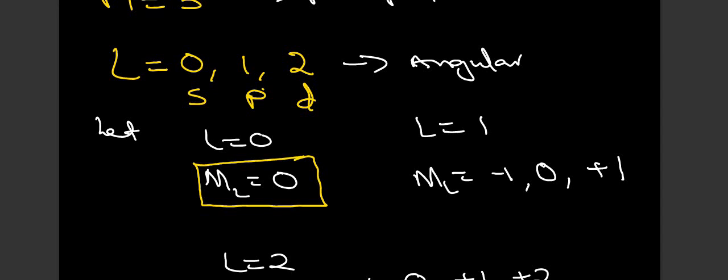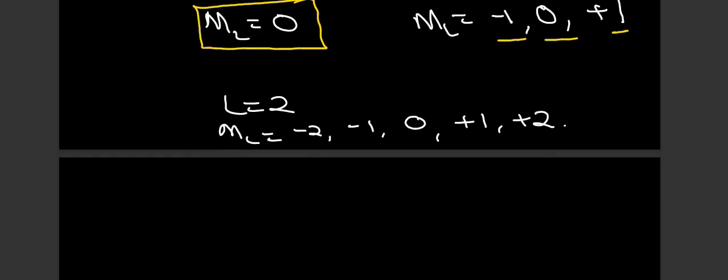L equal to 0 tells us we have s orbitals. How many are they? There's only one. L equal to 1 tells us we have p orbitals. How many are they? 1, 2, 3. So we have 3 p orbitals. The same applies here. When L is equal to 2, we know we have d orbitals. How many are they? 1, 2, 3, 4, 5. So you see how we do this, guys, right? Is this okay?